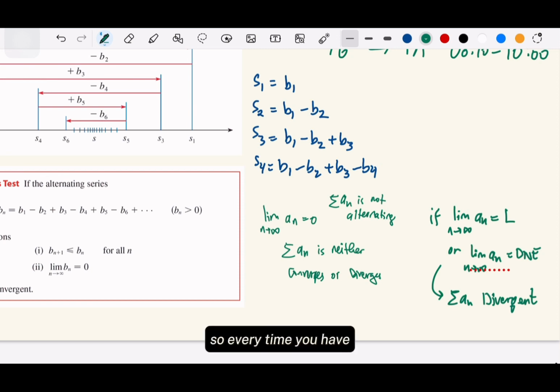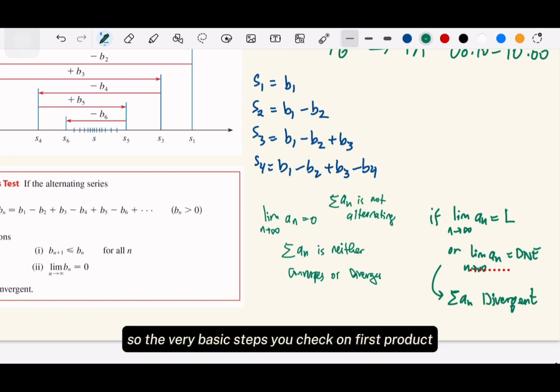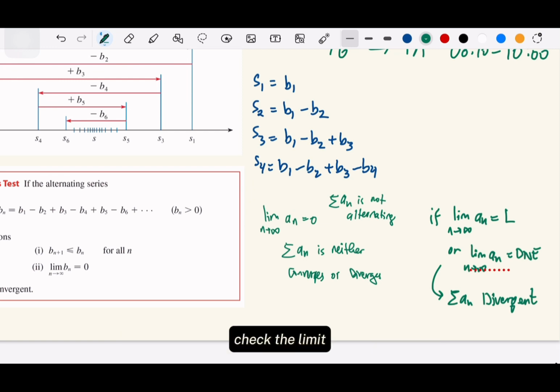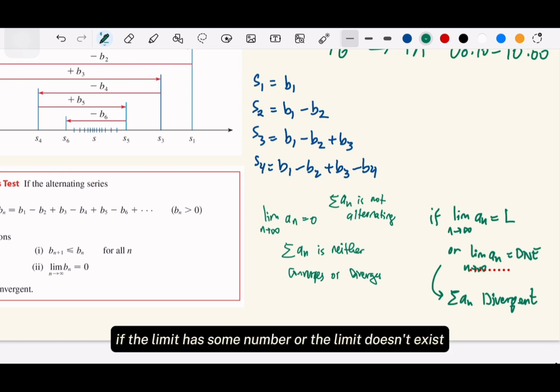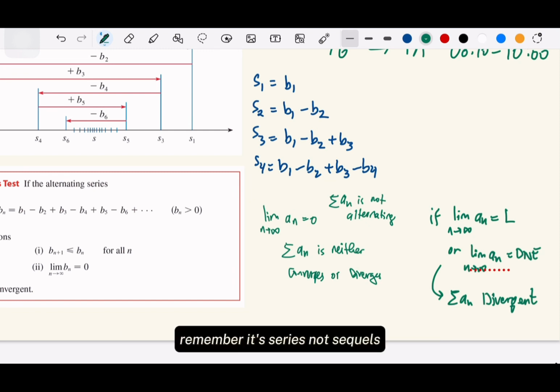So every time, the very basic steps, you check converge or diverge, check the limit. If the limit has some number or the limit doesn't exist, you can directly write it's divergent. Remember, it's series, not sequence.